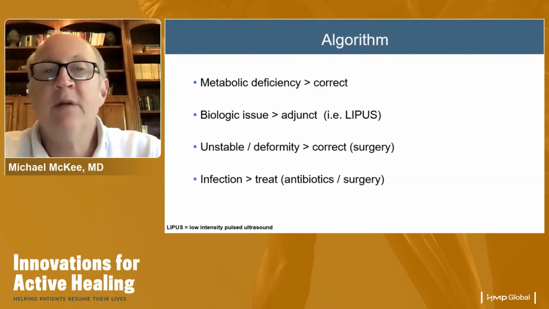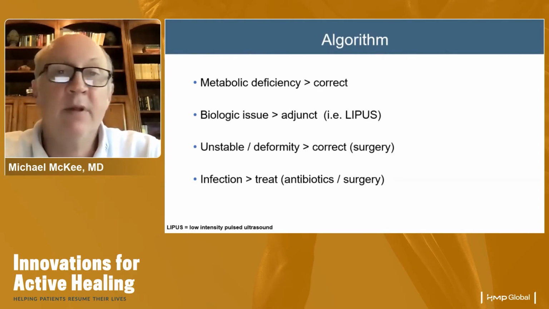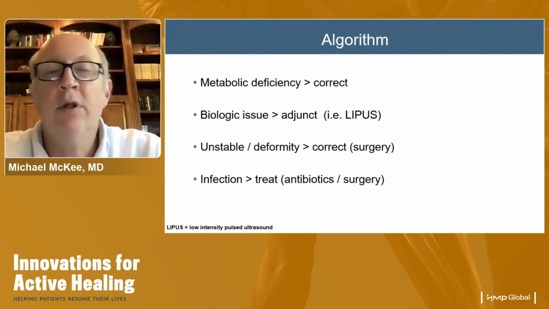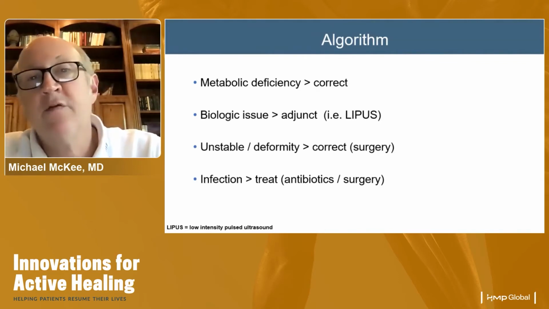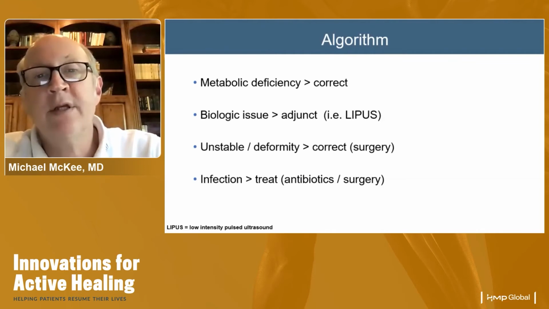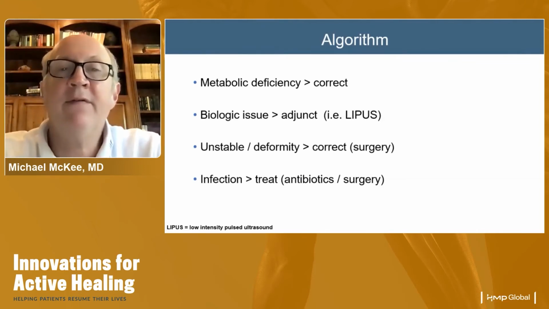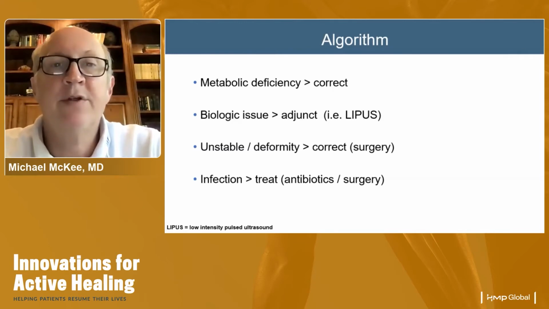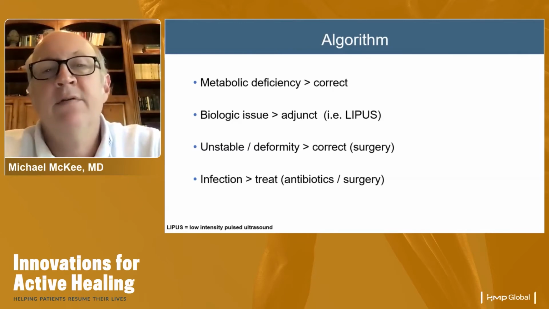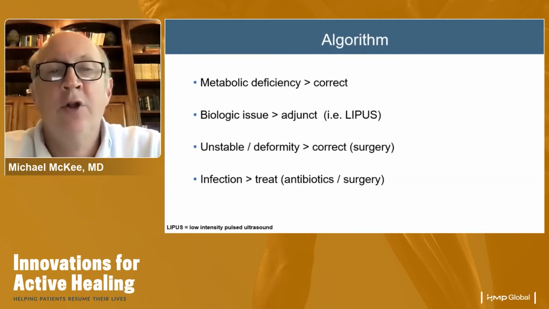If there's a significant biological issue, and some of them are simply obviously not correctable in certain situations, then a useful adjunct is some kind of pulsed ultrasound, or low intensity pulsed ultrasound, or LIPUS as it's known. And I think that there's compelling evidence that in the proper situation, this kind of adjunct can definitely lead to healing of a fracture or a non-union that might otherwise not do well.